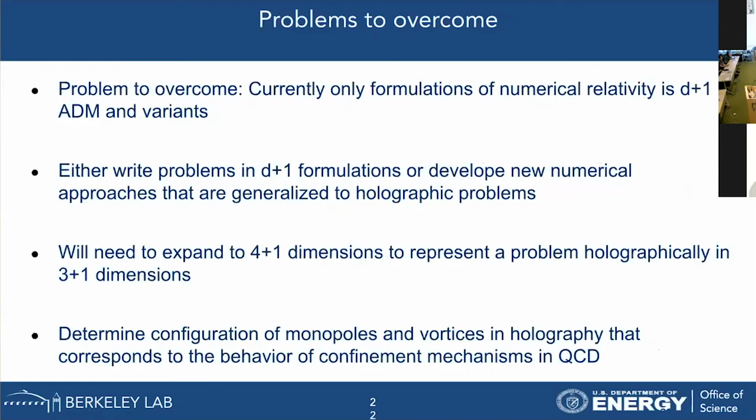So in that regard, there are a few problems to overcome. Currently, the only formulations of numerical relativity are what are known as the 3+1 ADM and variants of that system. So it constrains the coordinate system we're allowed to use for Einstein's equations. Either we have to find a way to write the problems in this D+1 formulation, or we have to develop an expanded set of numerical approaches that can deal with holographic problems.